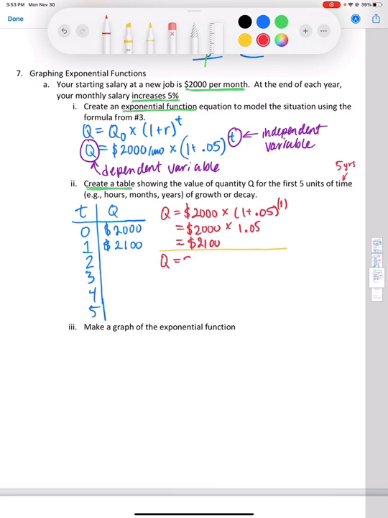Q is going to be equal to, at time 2 years, we can still use our initial value, 2,000 times 1 plus 0.05 to the 2. That's equal to 2,000 times 1.1025.